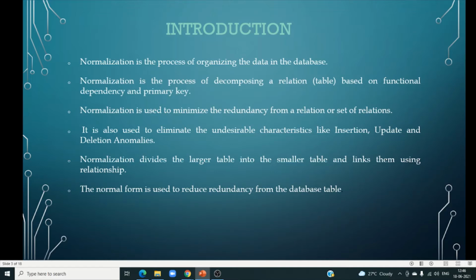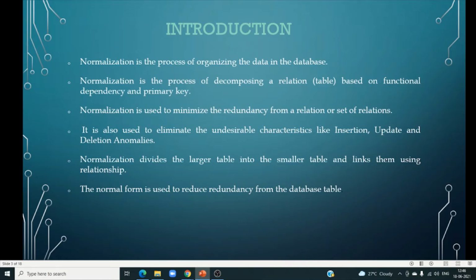In every table we have two types of attributes: key attributes and non-key attributes, and every table must have a defined key attribute. What is the meaning of key attribute? Key attribute means identification attribute. By that attribute we can know all the other attributes.